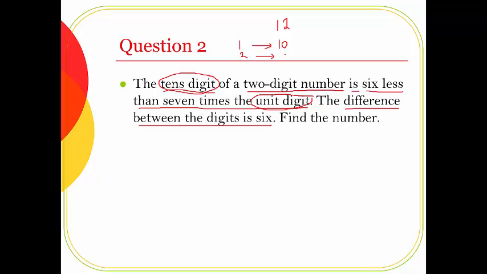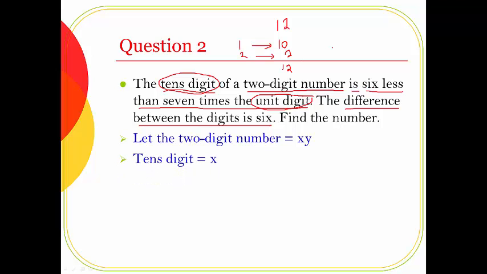So it's 1 ten and 2 units. And that's how you have 12. You did this in your kindergarten grade. Now, let the 2-digit number be XY. The tens digit is X and the unit digit is Y.